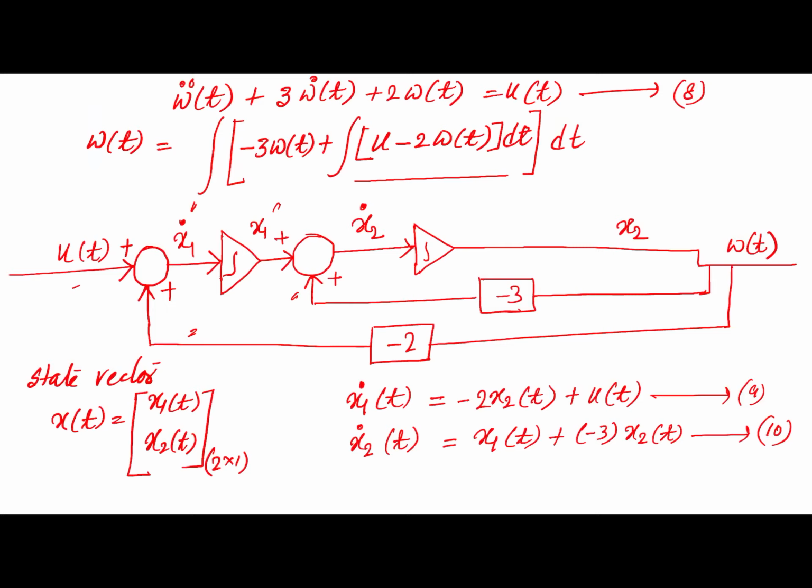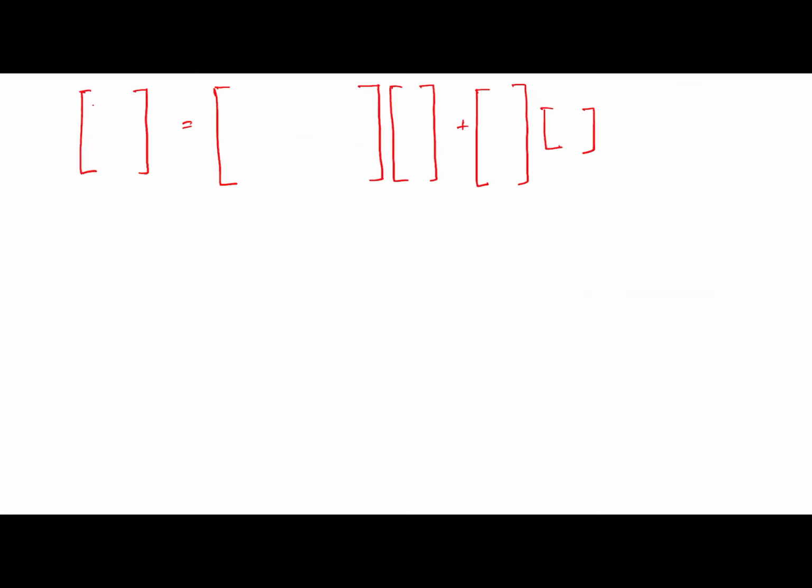So the first state equation is x1 dot equal to minus 2x2 plus u. So here x1 dot is equal to 0 times x1 plus minus 2 times x2 plus 1 times u.